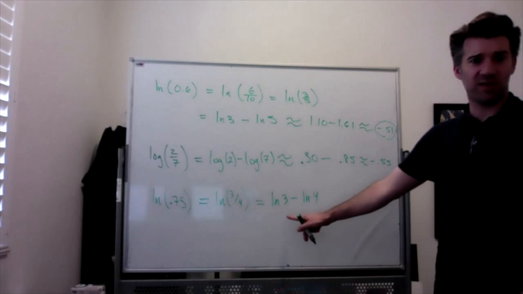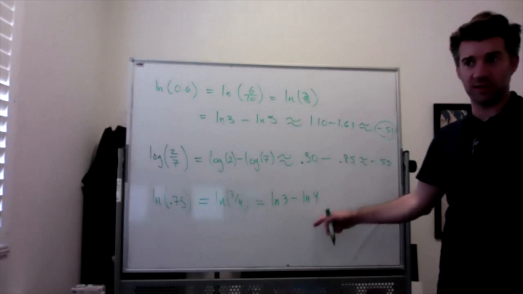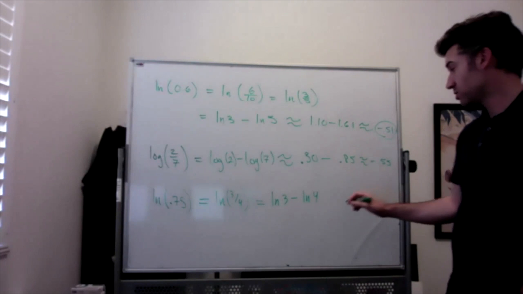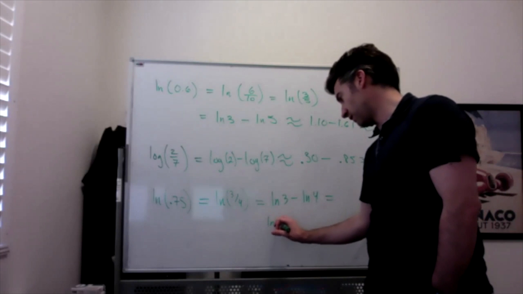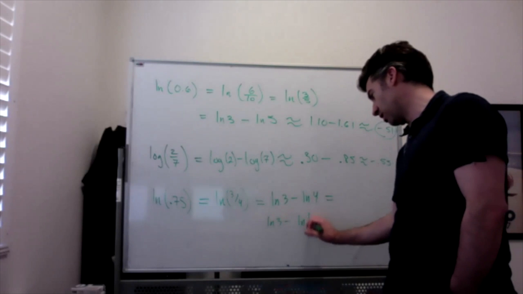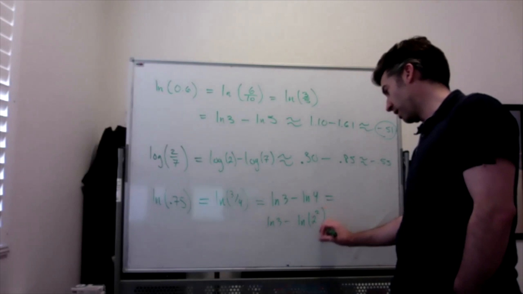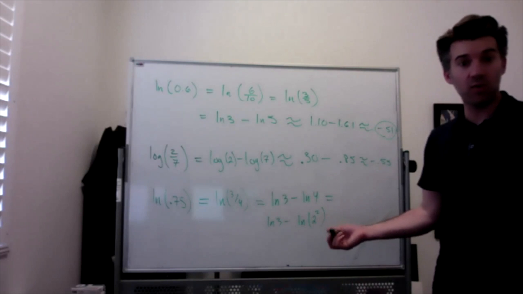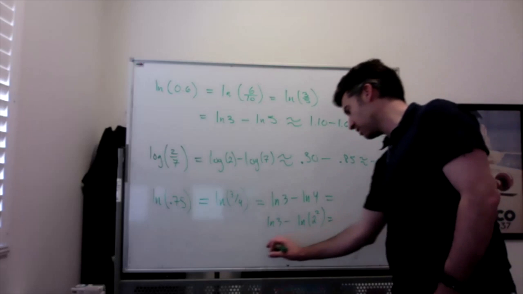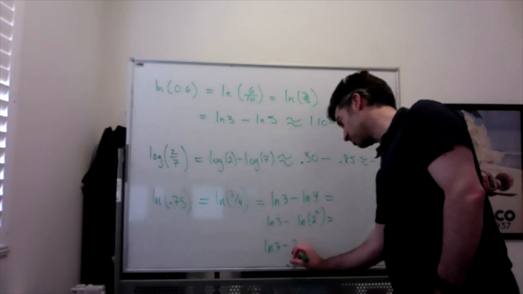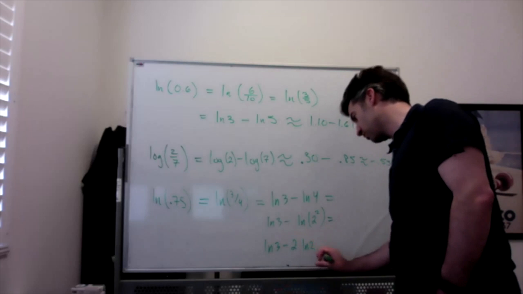I know what the natural log of 3 is. I don't know what the natural log of 4 is, at least it's not on my list, right? So what I can do is write this as the natural log of 3 minus the natural log of 2 squared. And then I can use the power rule for logarithms to bring that 2 down in front. So this is the natural log of 3 minus 2 times the natural log of 2.